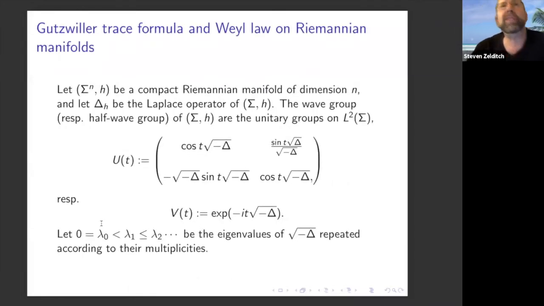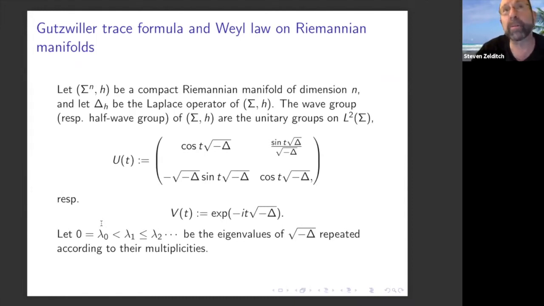Now I want to start by reminding what happens on a compact Riemannian manifold. I want to make it seem sort of obvious how the generalization we're aiming at works. So on a compact Riemannian manifold Sigma of any dimension with metric h, we study the Laplace operator and the wave group.